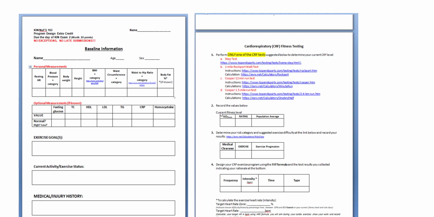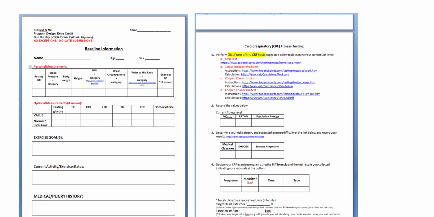On the second page, you're going to test your cardiorespiratory fitness level by one of the 4 tests that are provided for you. These are all choices, you can just pick one, and then you're going to record your VO2 max.